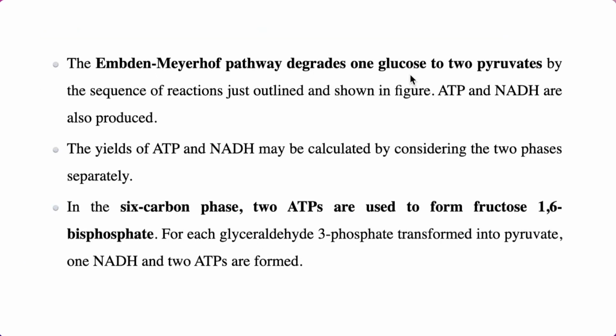One glucose molecule is converted to two pyruvates. When we look at the yield of ATP molecules, two ATP molecules are used in the 6-carbon phase to form fructose 1,6-bisphosphate, and in the second phase a total of 4 ATP molecules are generated.